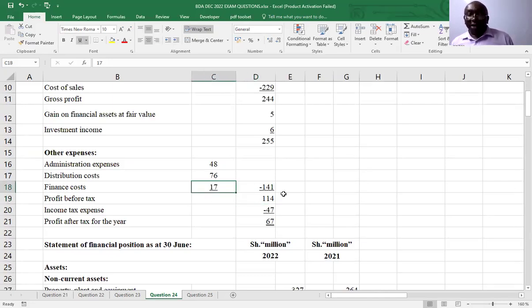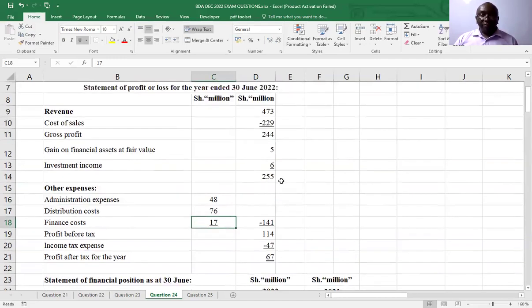Now, finance costs is not part of the operations, unless we are told that in this business they deal with financial services. They give loans, so this is part of their income. But from the look of things, this is not part of their business.